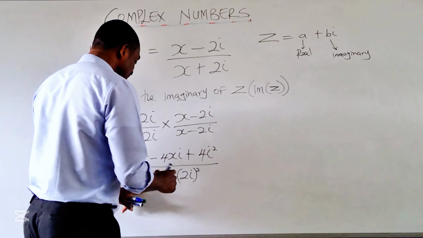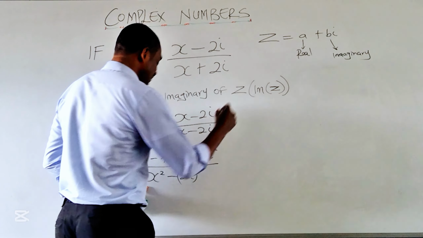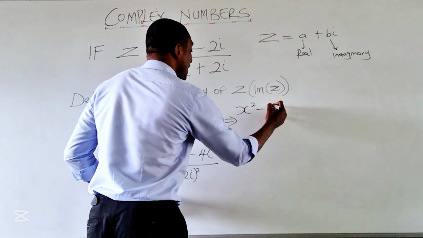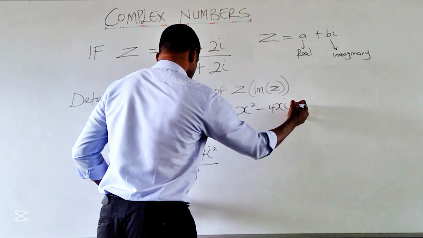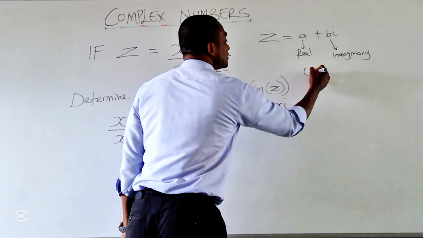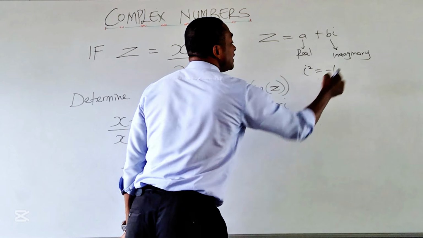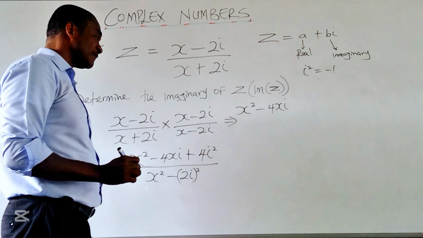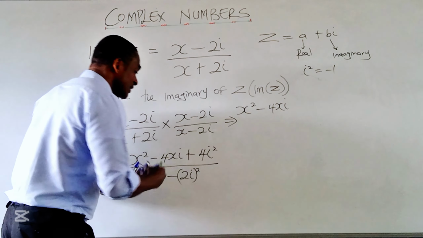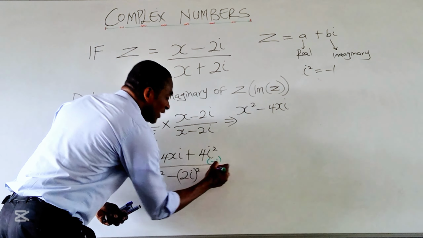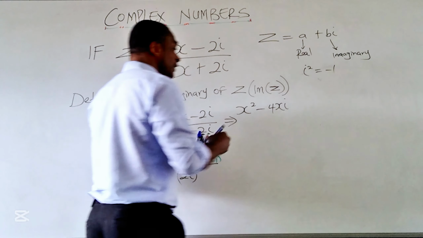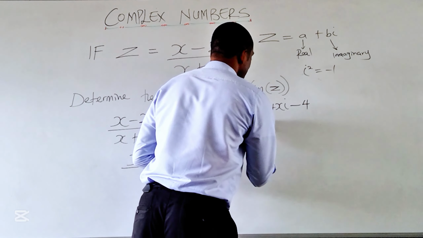Now what do we do next? Let's simplify. This is x squared minus 4xi. Remember, under further studies mathematics, that i squared is equal to negative 1. So if we replace the i squared here with a negative 1, we have 4 times negative 1, which is negative 4.